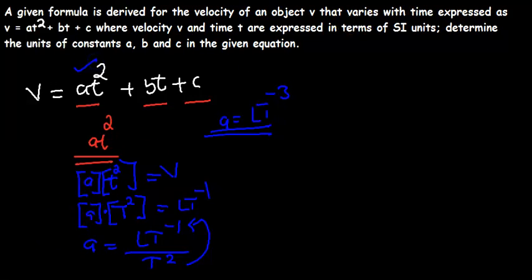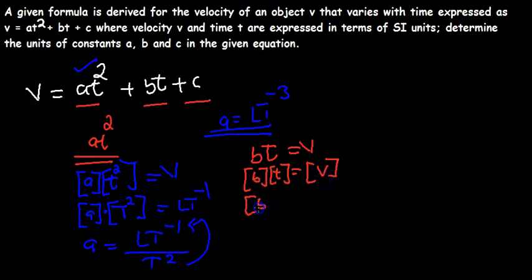What about the second term? The second term is given to us as BT, isn't it? And BT must be equal to velocity. This is simply saying the bracket of B times the bracket of T must be equal to the bracket of V, which is LT minus 1.